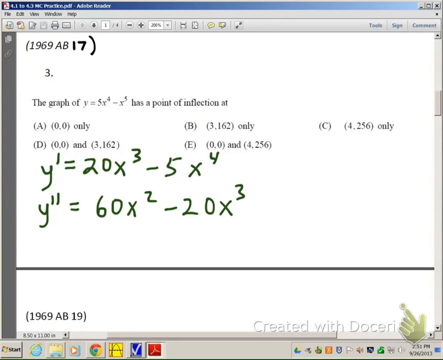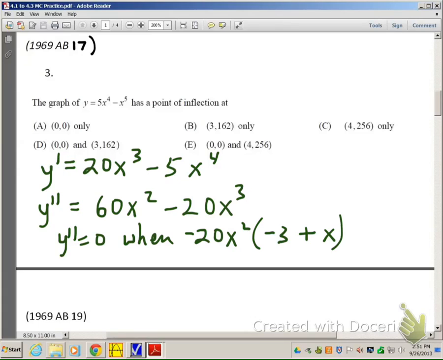And if we set y double prime equal to 0, I'm going to factor out a negative 20x squared, and I'm going to get negative 3 plus x.